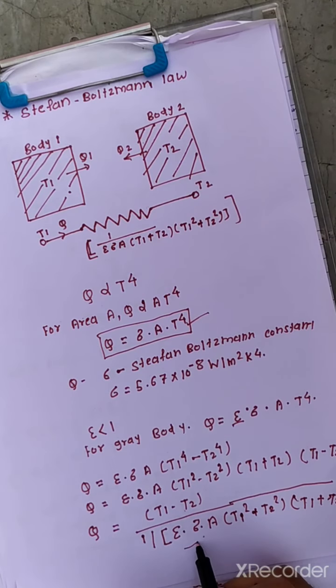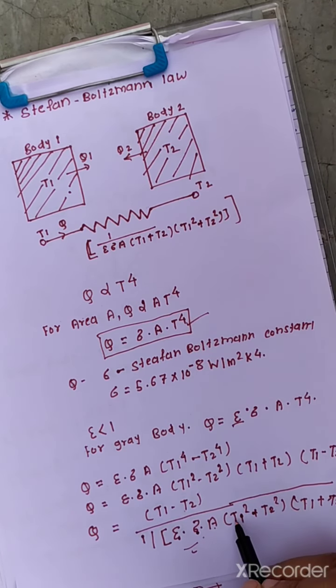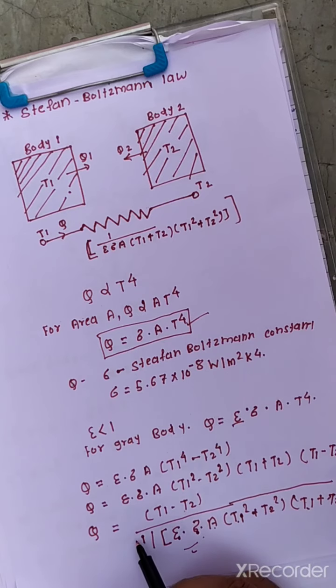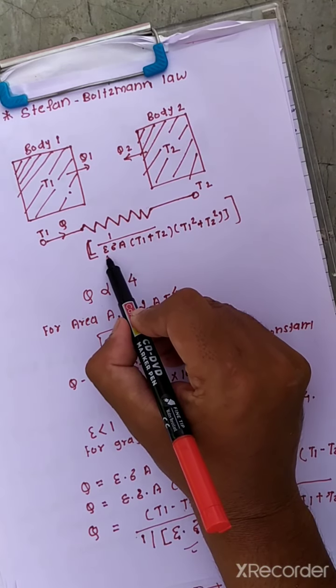This denominator represents the radiation thermal resistance, the term 1 upon eta emissivity into sigma Stefan-Boltzmann constant into area into (T1 square plus T2 square) into (T1 plus T2).